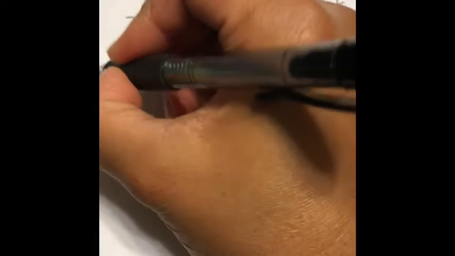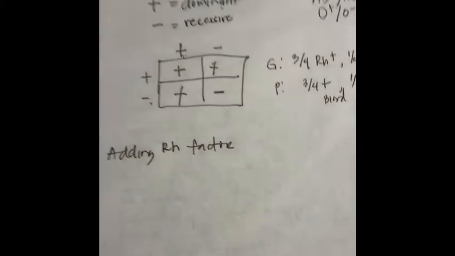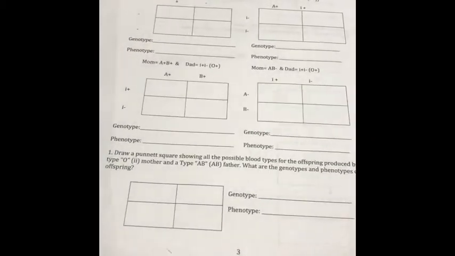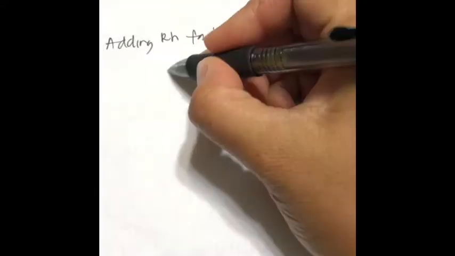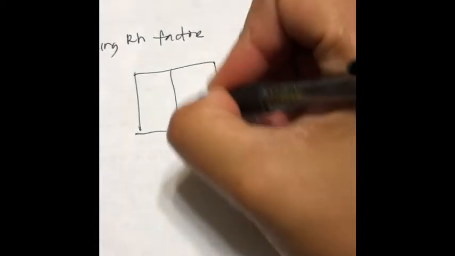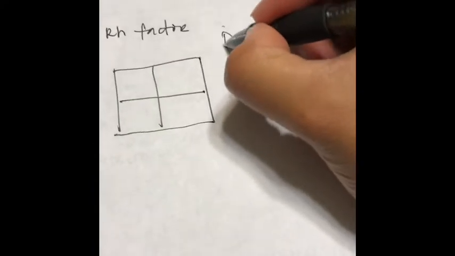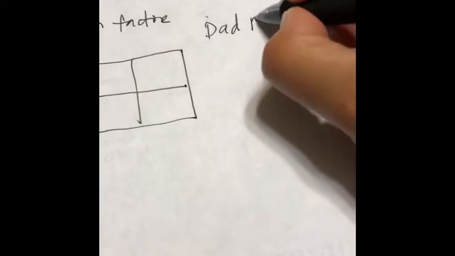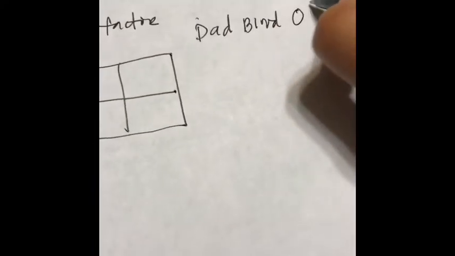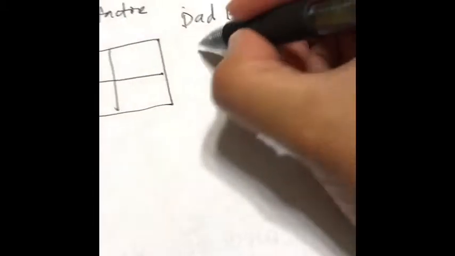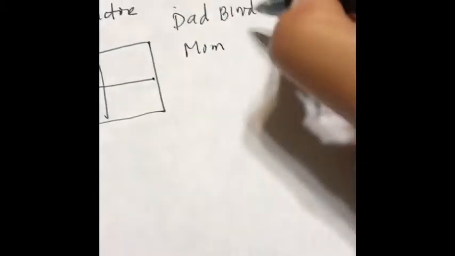Okay, so here's example number 1 now, adding the RH factor. This will pertain to the worksheet that you will be doing on page 3. Okay, so for example, let's say you have this time a dad who is blood O positive, and you have a mom who is AB positive.